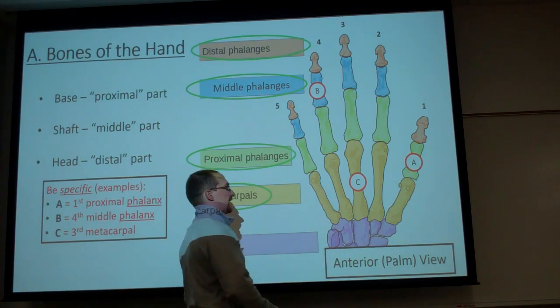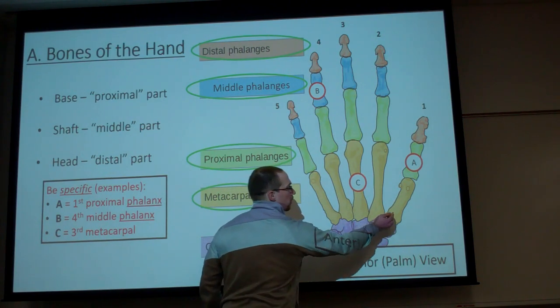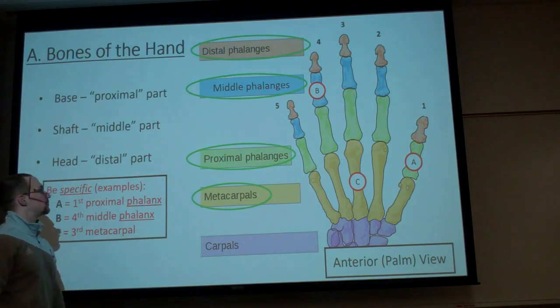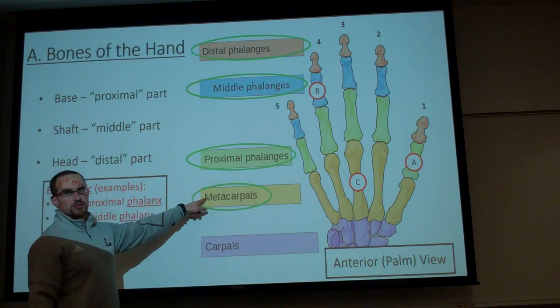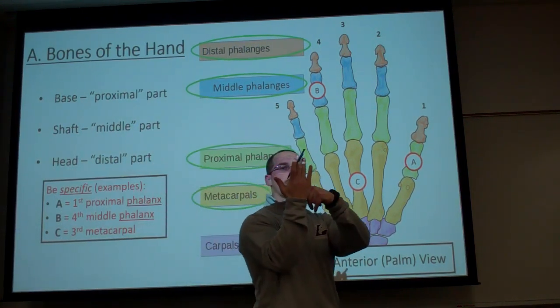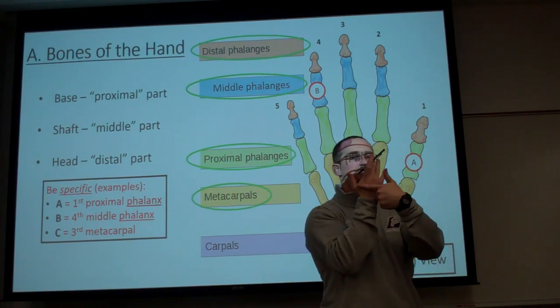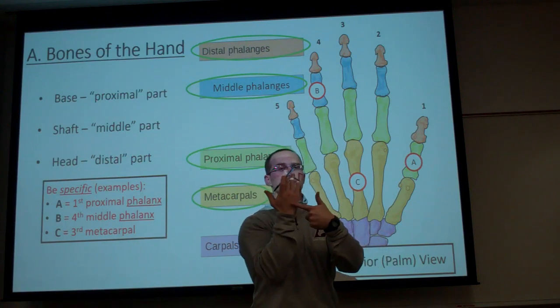Let's move on to the hand. In orange here, these are metacarpal bones. This is what you think about when you're looking at your palm. You can actually see them on the back side of your hand too.